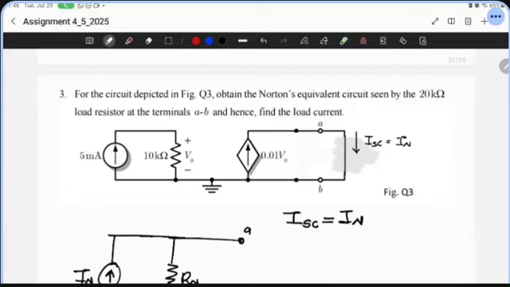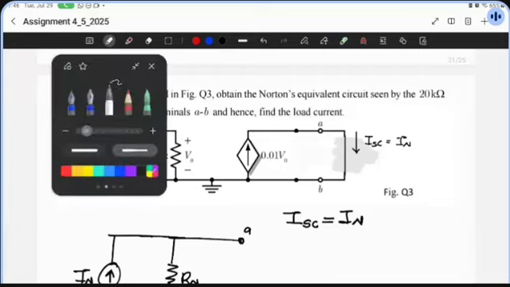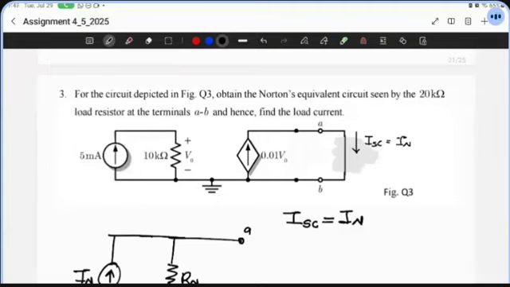Since that is how the circuit will look, let's analyze it to determine what I short circuit will be. You quickly observe that since this is a current source, the dependent current source, all the current from here comes to pass through here in that manner.